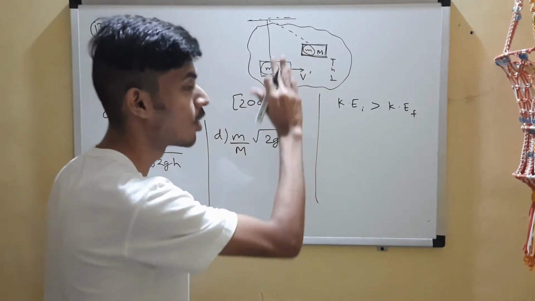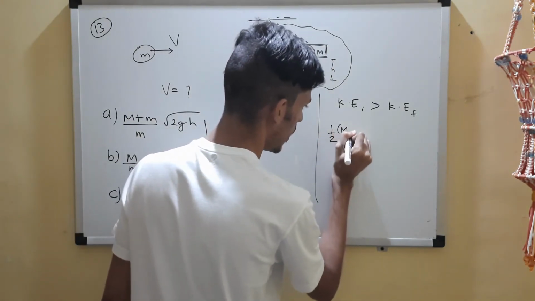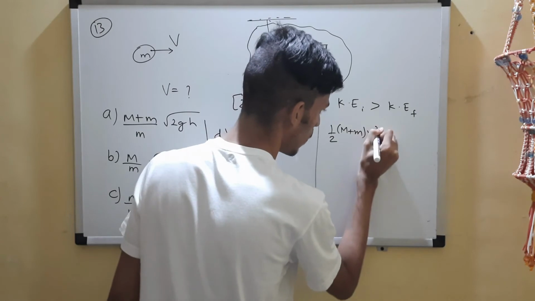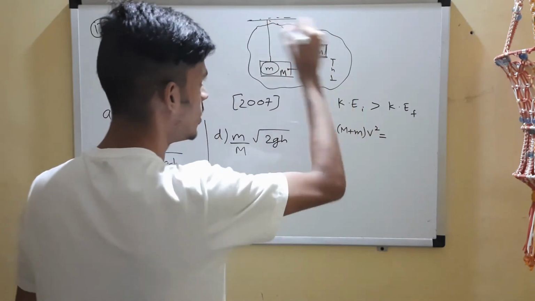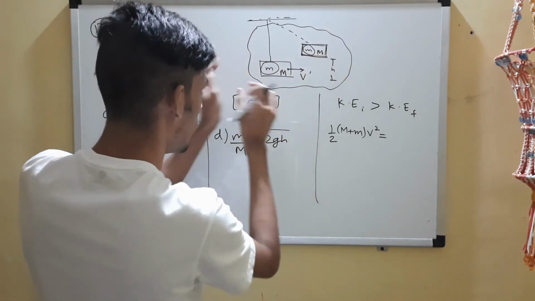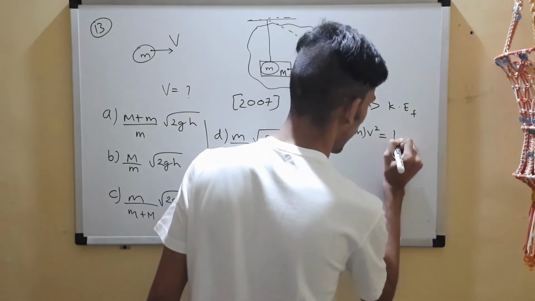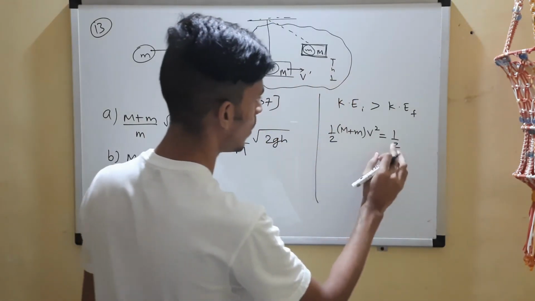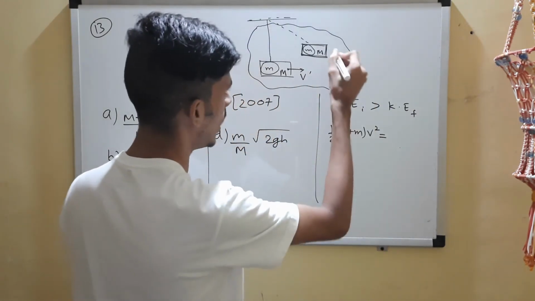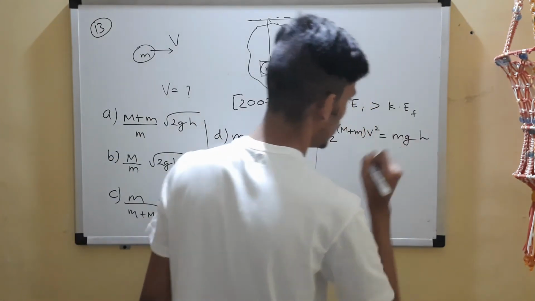So half into M plus m into v dash square. I'm conserving energy only over here, after the ball has struck the block of mass M. So half mv square will be equal to mgh. It entirely gets converted into potential energy.